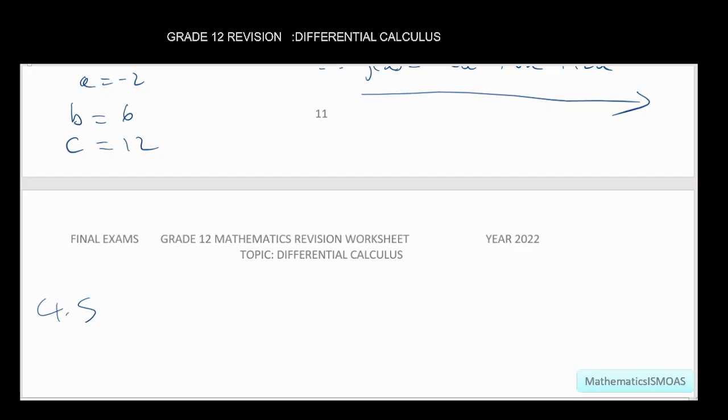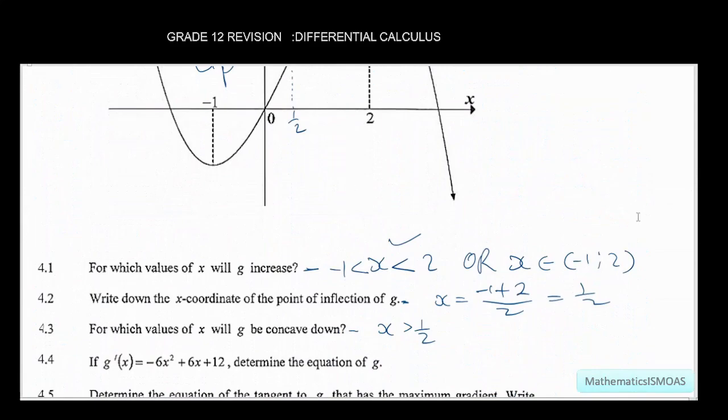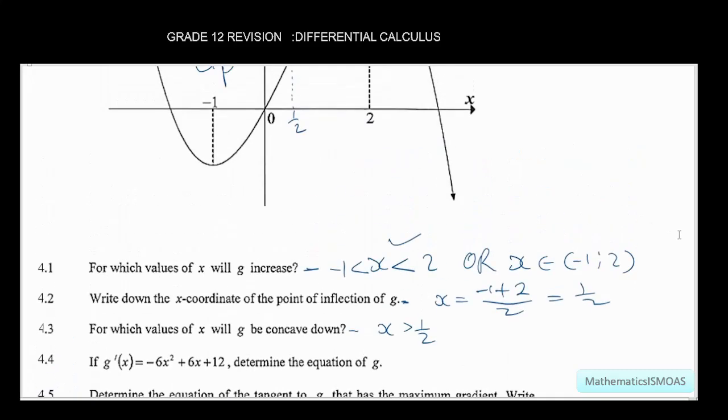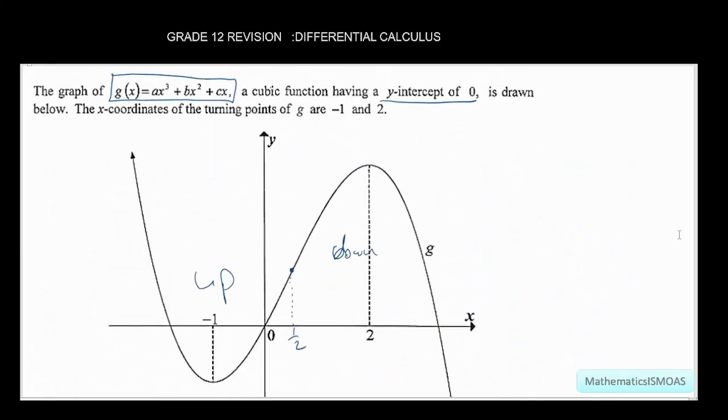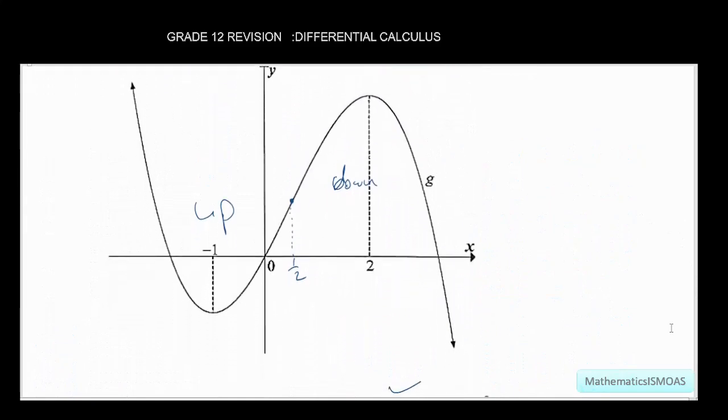Let us go back to our graph. We need to find the equation of a tangent to g that has a maximum gradient. Now, this is the graph of g.